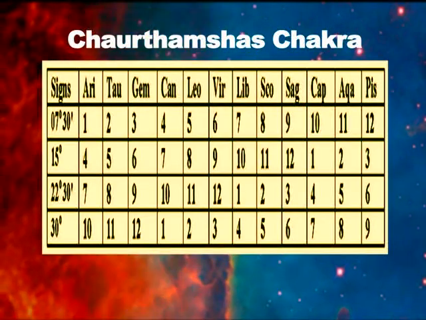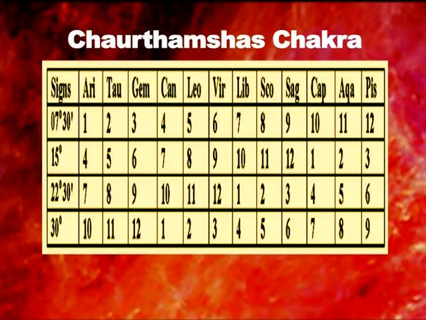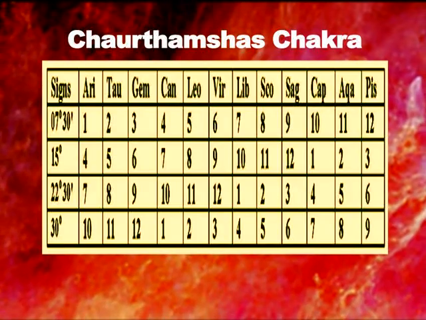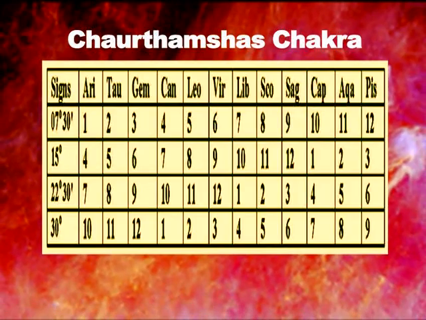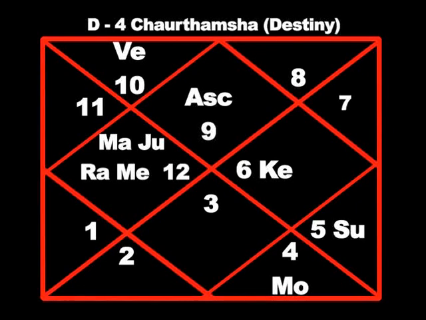As from the 4th house we see properties, so we also see properties here. Ascendant and the different planets placed in different signs and degrees are divided into 4 degrees. Table is given to you. According to the formulae, the ascendant is arrived at and planets are placed in different signs as per their degrees.